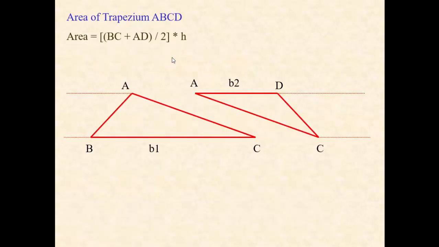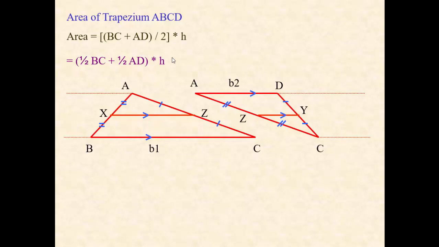Similarly, triangle ABC, XZ joins the two midpoints of two sides of the triangle. Therefore, XZ equals half BC or half B1. ZY joins the midpoints of the two sides of the triangle ADC.